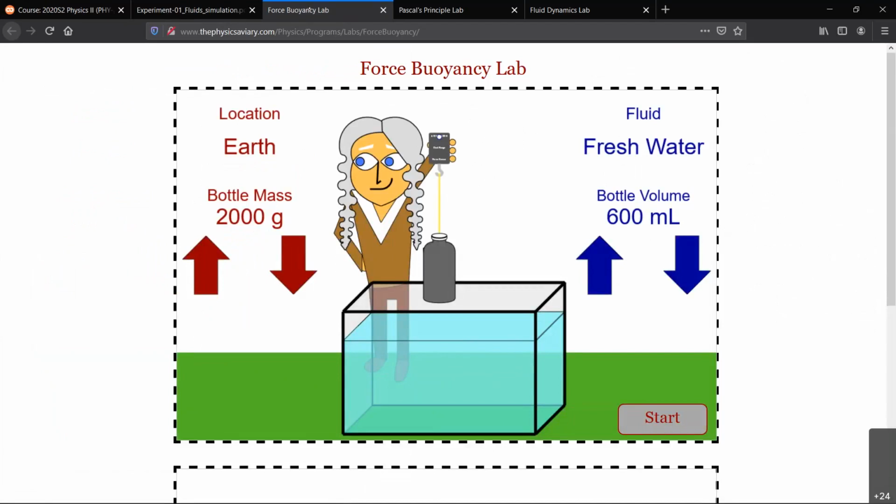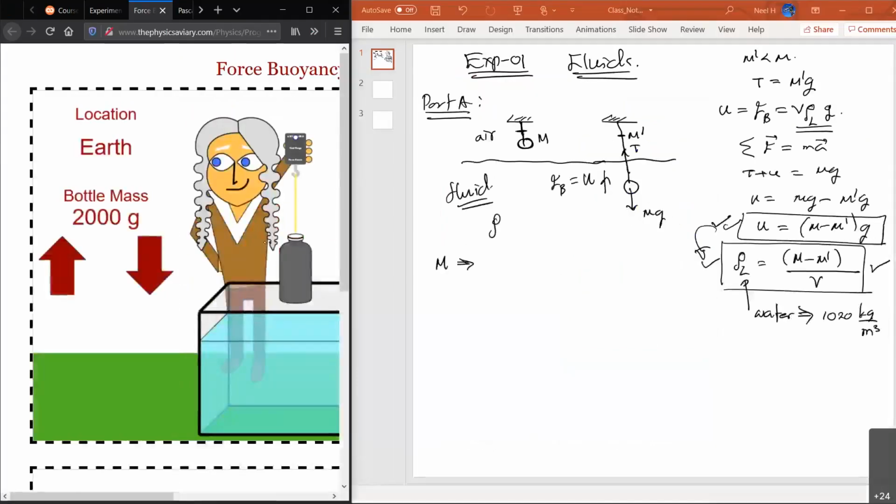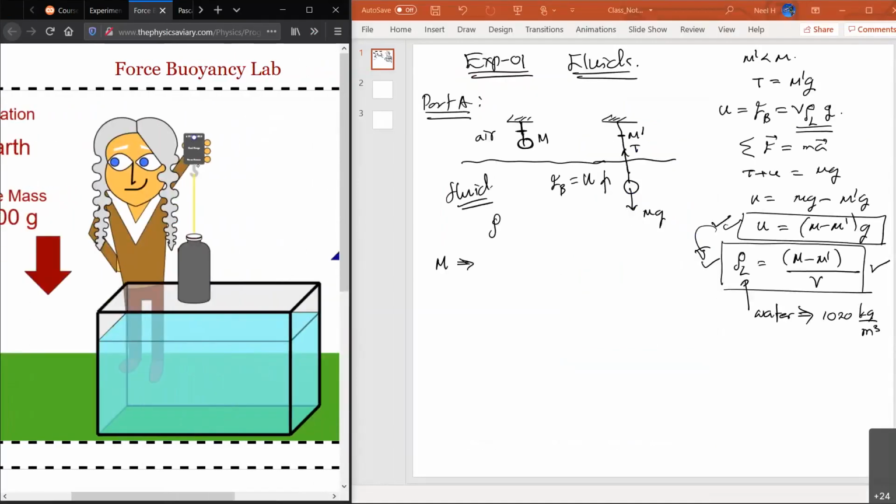Instead, you can see this small black box right here. That black box is actually a force sensor. It is a type of balance, but an electronic force sensor attached to the object.